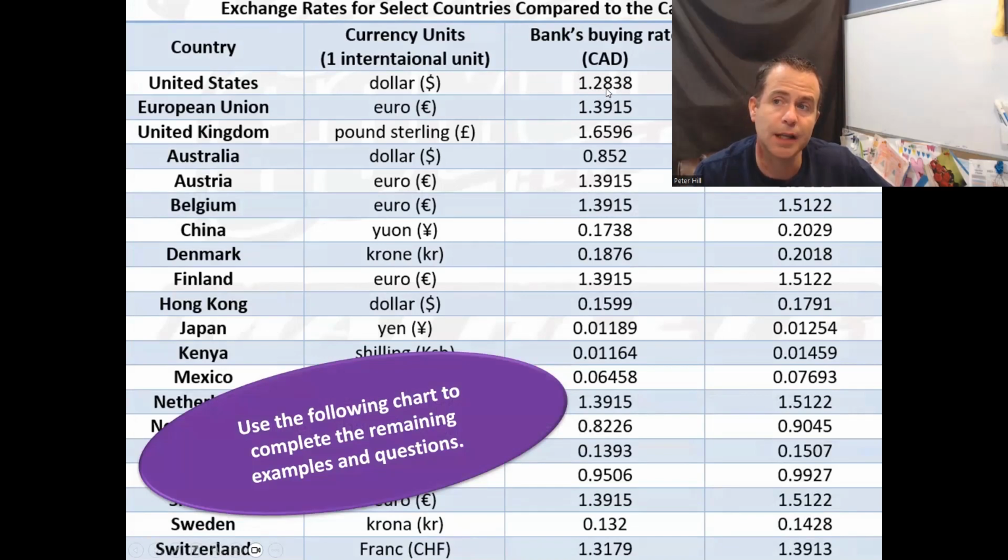But if the bank was selling it, it would be 1.3532. Notice that the rates are slightly different, and that's so that the bank can make money on both sides of the transaction. So it's not really something you just want to convert. If you convert it to US and then convert it right back to Canada just to have fun, you'd actually lose money. So don't do that.